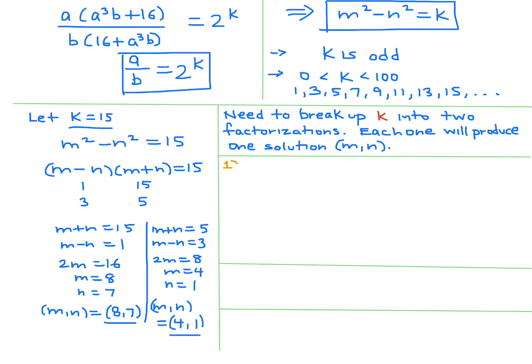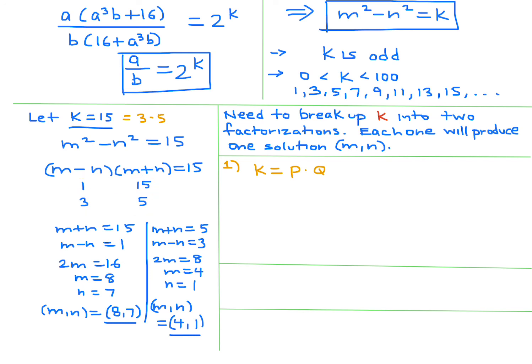Case number 1 is basically when k is of the form p times q, where p and q are prime numbers. And that will help us tremendously. One example of that is actually what I just did, 15. If you notice, k in this case would have been equal to 3 times 5. And what that does is allow you to come up with two factorizations.